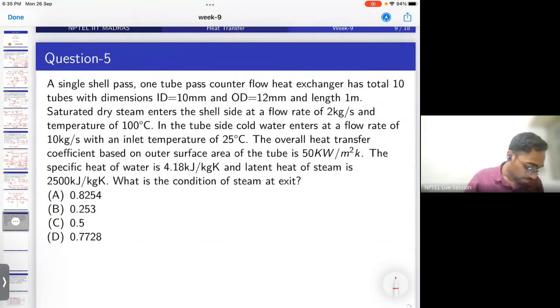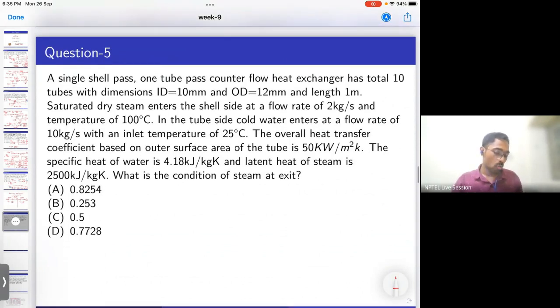So this is another question. A single shell pass, one tube pass counterflow heat exchanger has 10 tubes with inner diameter 10 mm, outer diameter 12 mm, and length 1 meter. Saturated dry steam enters the shell side at a flow rate of 2 kg per second, temperature 100 degrees Celsius. On the tube side, cold water enters at a flow rate of 10 kg per second with an inlet temperature of 25 degrees Celsius.